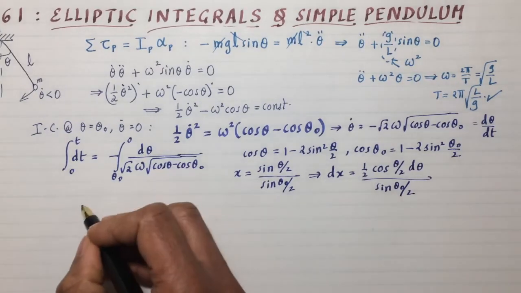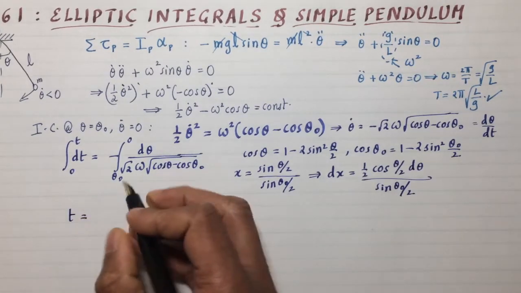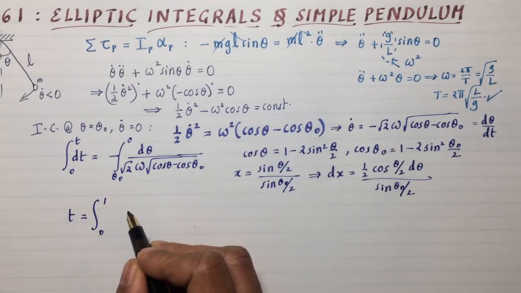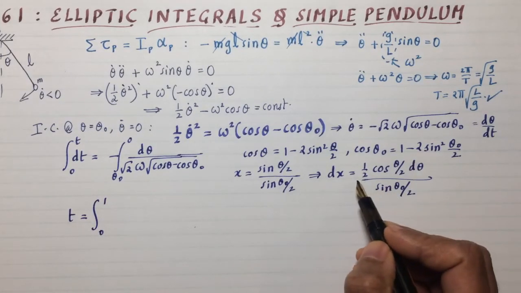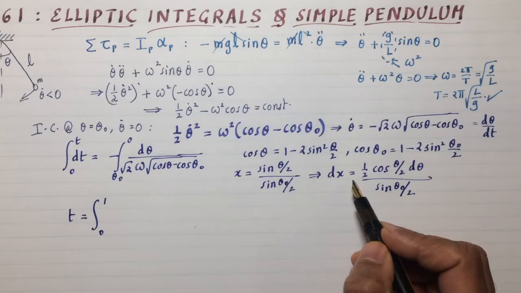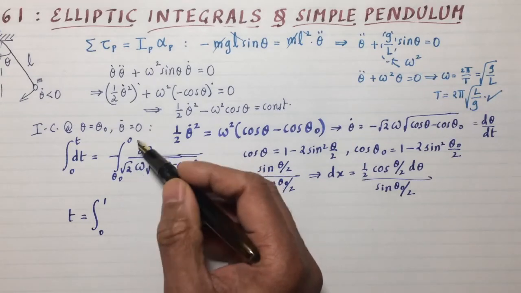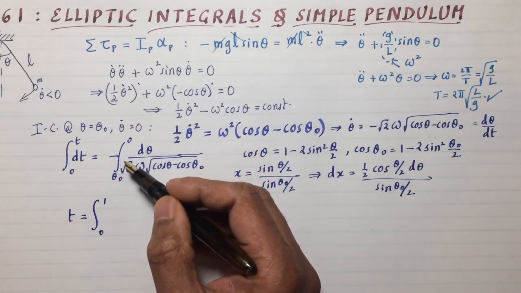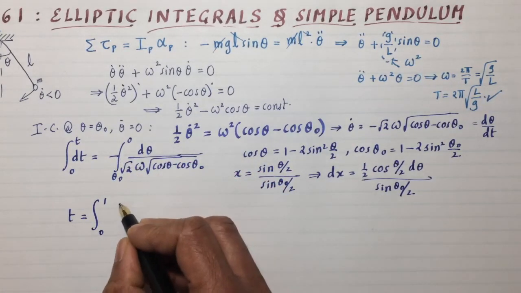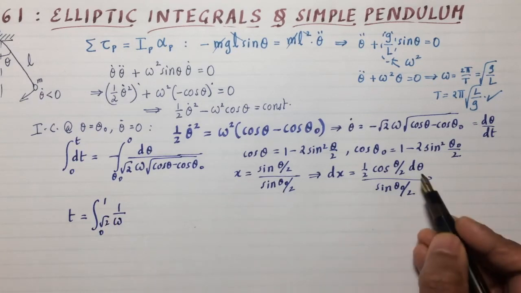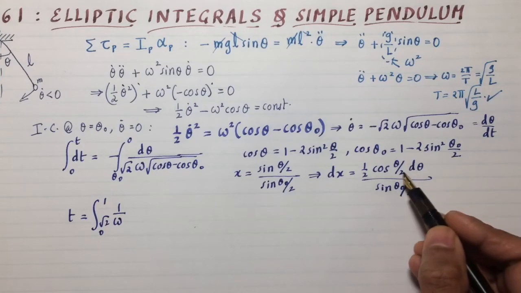So if you make these substitutions, then you'll end up with the integral from 0 to 1. You lose the minus sign because of this. I'll flip this limit. That will lose the minus sign. Okay, so integral 0 to 1, 1 over omega, the root 2 is still there, and d theta is going to be all this stuff.